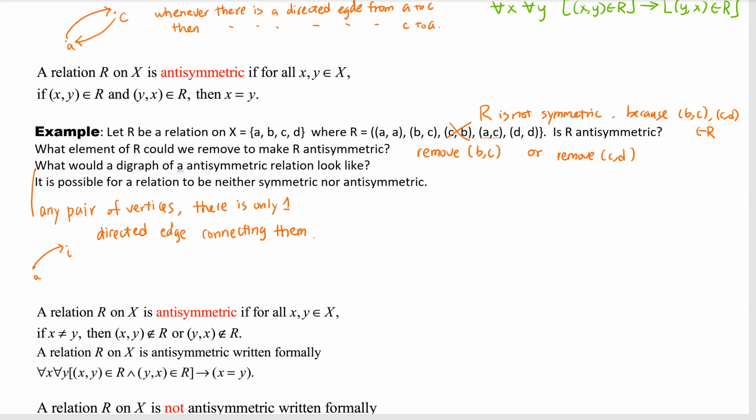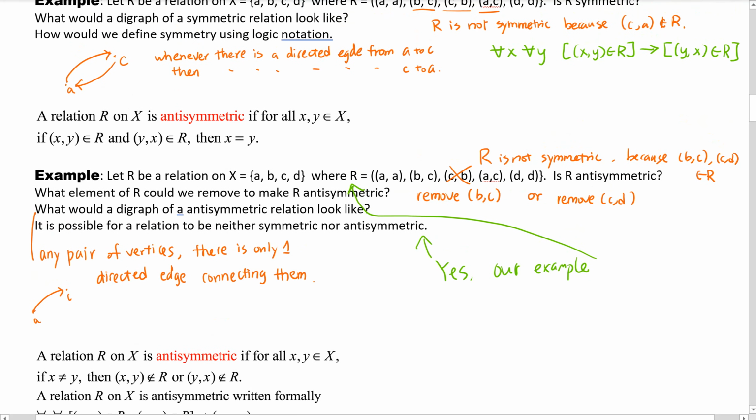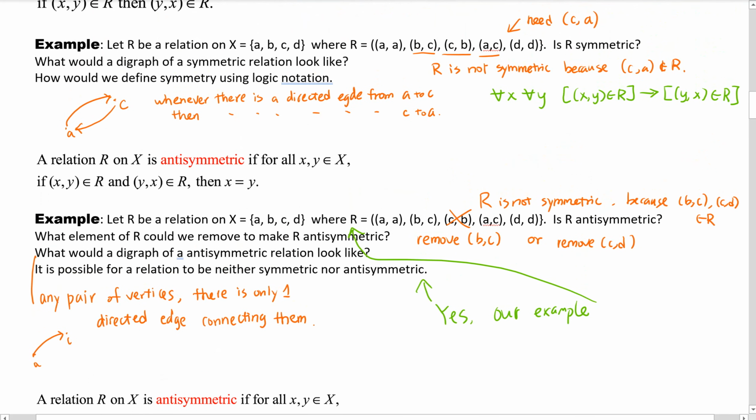Yes, our example R is neither symmetric nor anti-symmetric, because for some pairs of vertices you see two directed edges, and for some other pairs of vertices you see only one directed edge. Symmetric requires that for all pairs of vertices, you have either no edge or two directed edges.